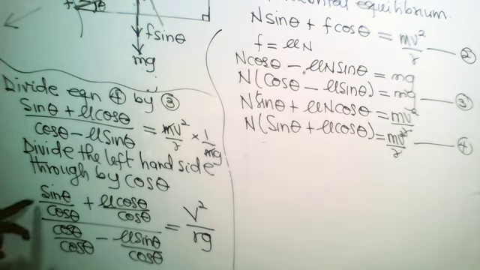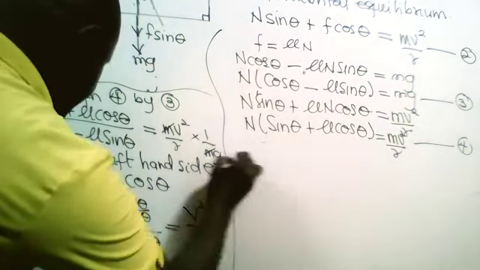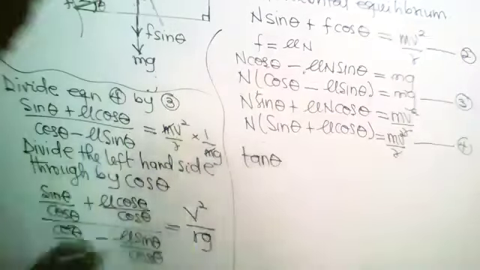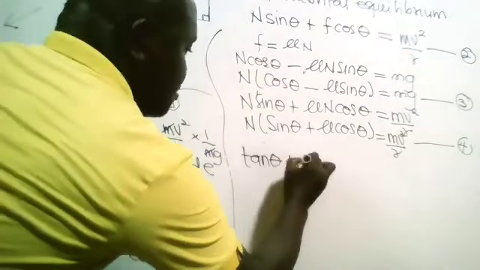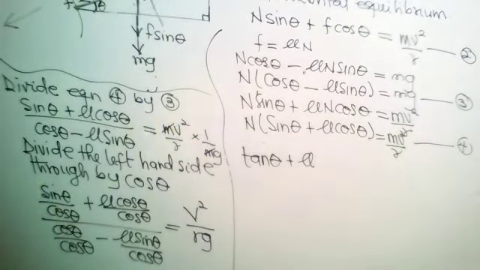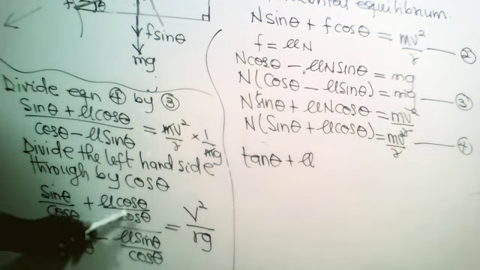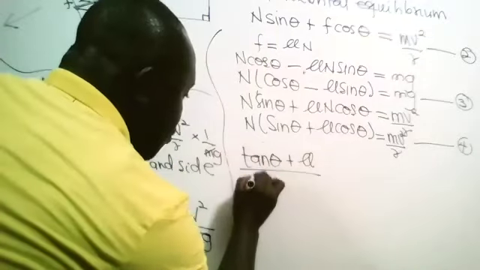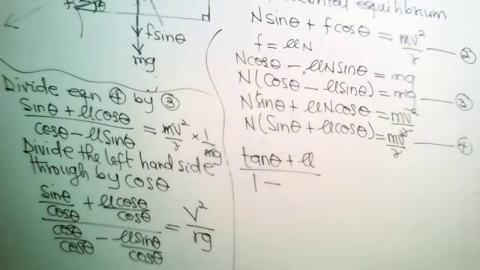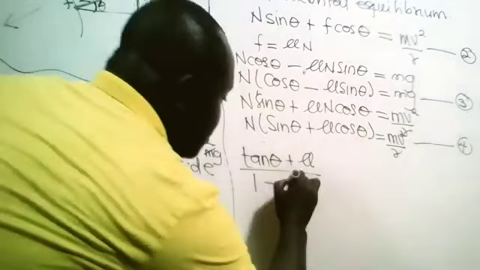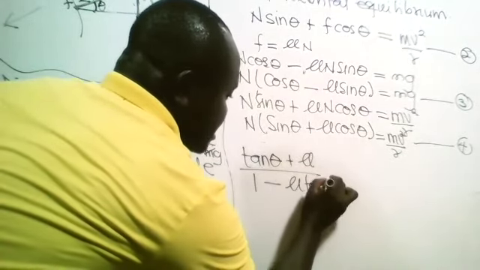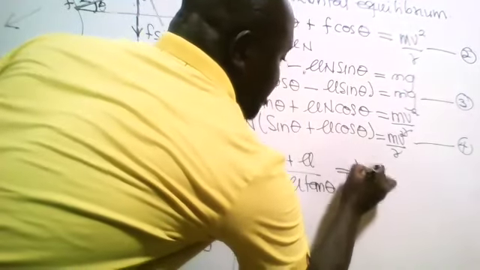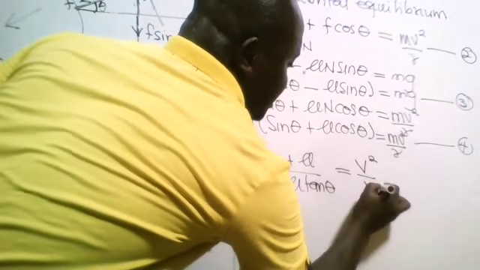When we do that, the numerator, we have sine theta over cos theta, we have tan theta plus mu, because this is 1. Then this is also divided by 1 minus mu tan theta, which is equal to v squared over rg.